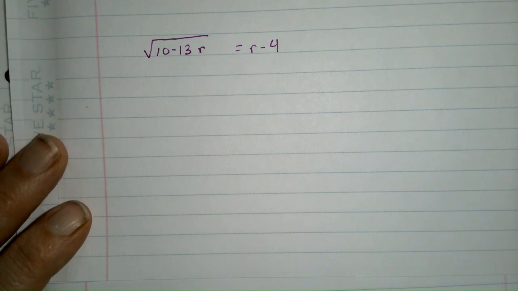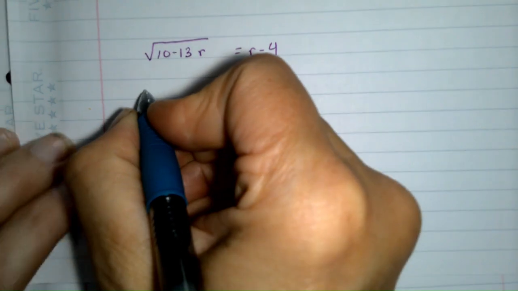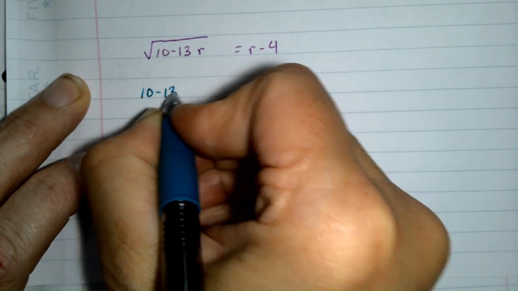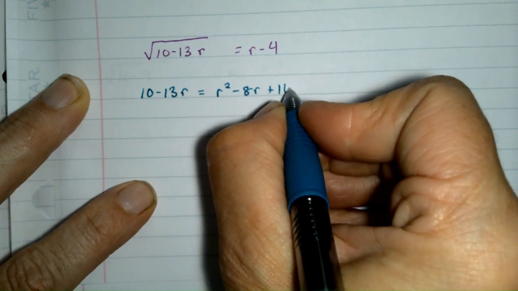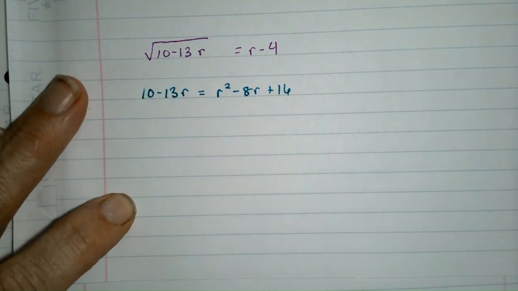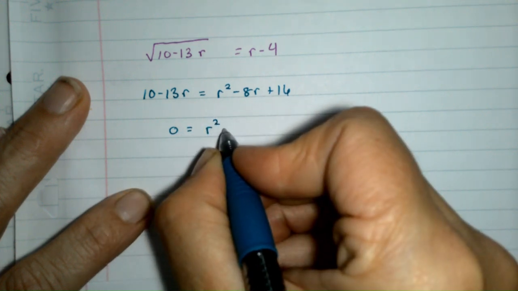Here's our next example. Go ahead and pause the video if you want and see if you can get there ahead of me. First thing I'm going to do is I'm going to square both sides. It's quadratic. I'm going to make it equal 0.